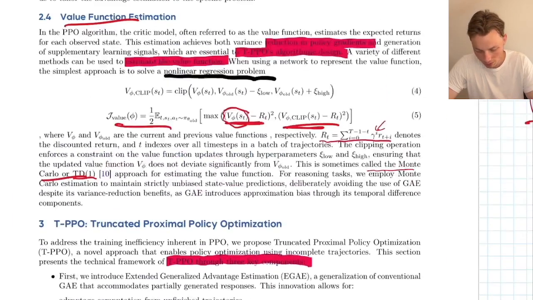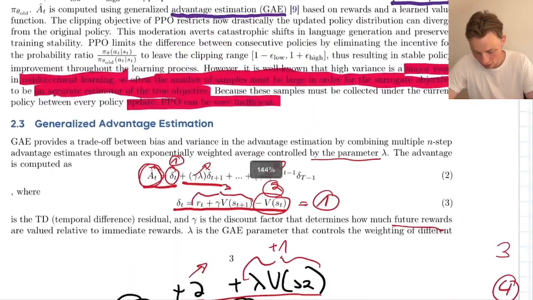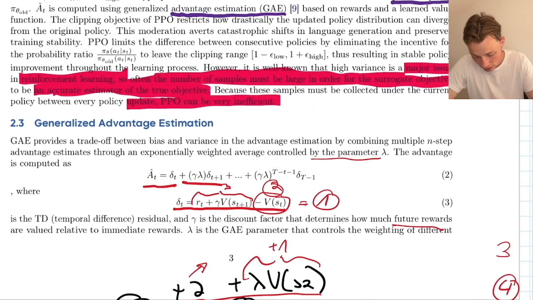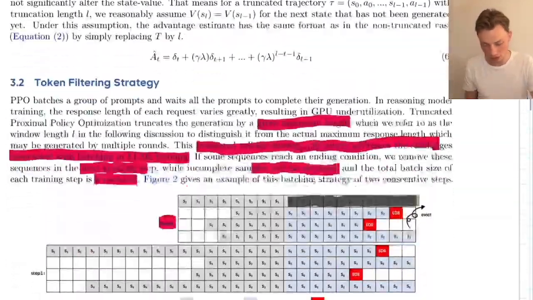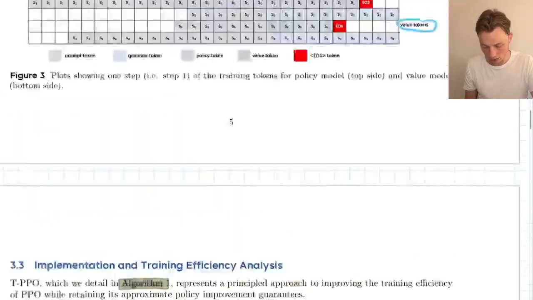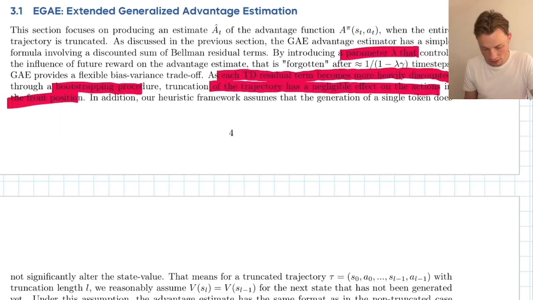Okay, let's jump back to this formula to understand this. We can see here we have a higher discount after looking more into the future. So step 100 has a small influence on our first step, because we have this discount factor, and they are also saying it directly here.